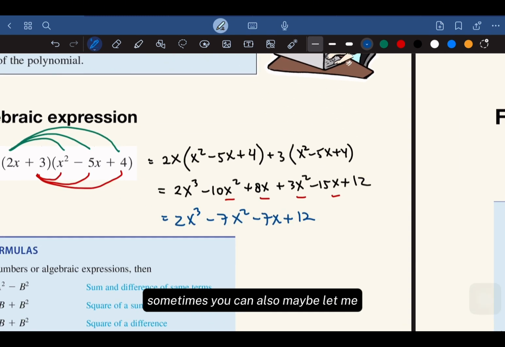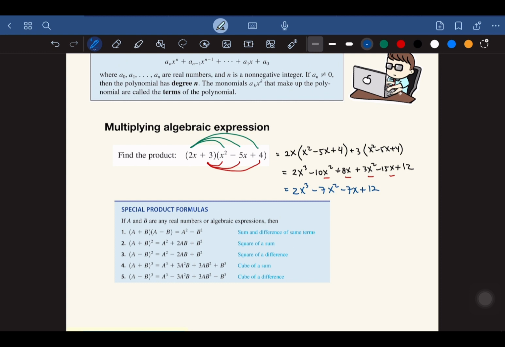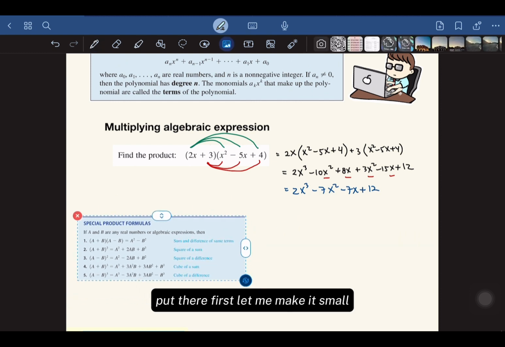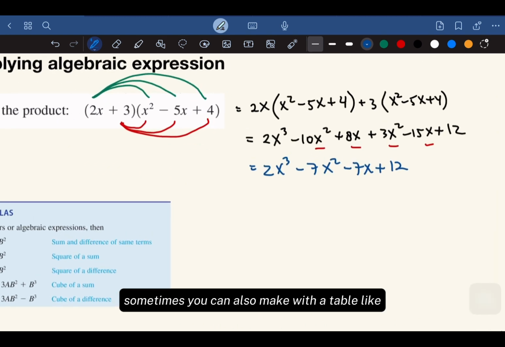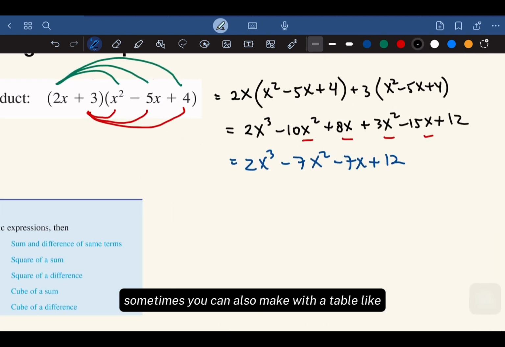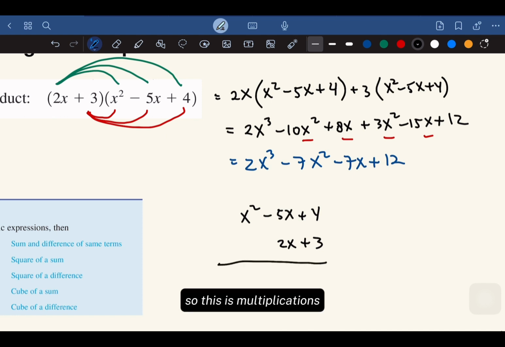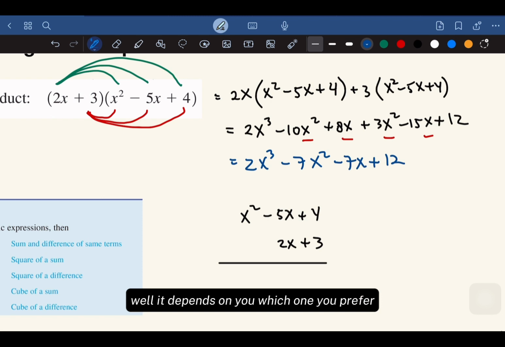Sometimes you can also, maybe let me put that there first. Let me make it small. Sometimes you can also make it with a table. So this is multiplication. You can do this also. Well, it depends on you, which one you prefer.